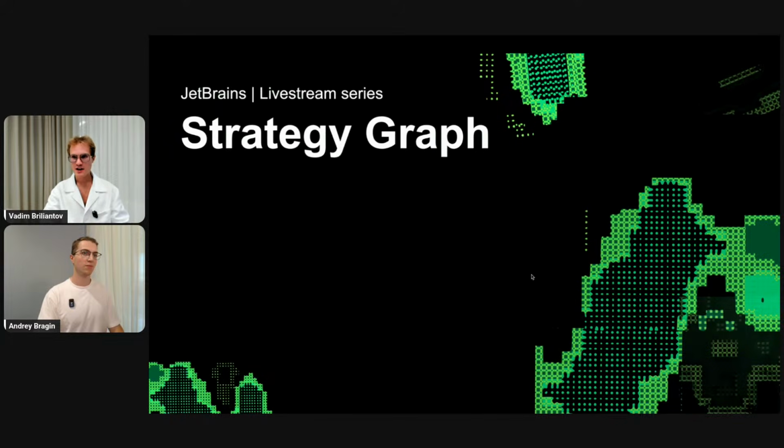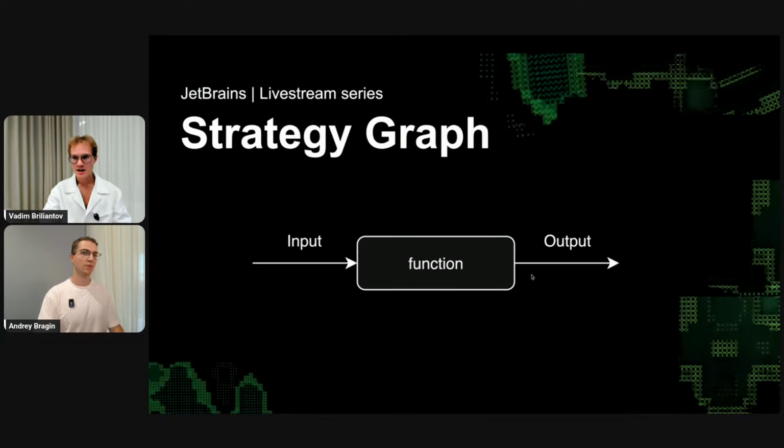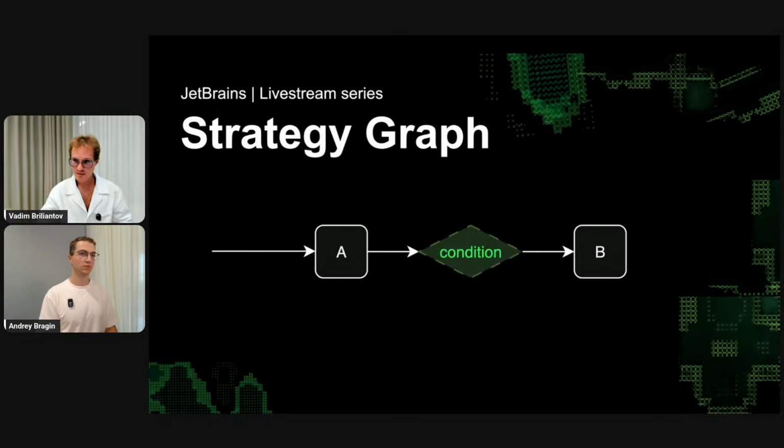What are strategy graphs? Basically, the graph of your agent consists of different nodes, where a node is just a normal Kotlin function. It has some input, and it has some output, and it explains how to transform the input into the output. As simple as that. You can think of nodes as just functions.